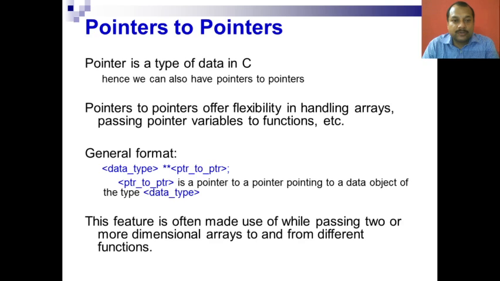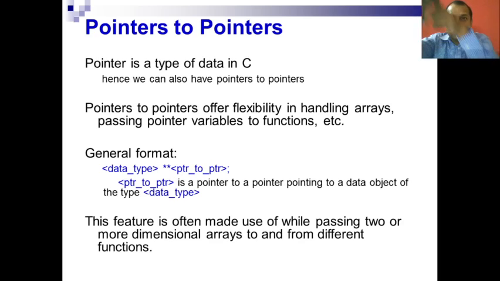So if I give double star, okay, if I write int star p, then I understand p will store the address of a memory location where an integer variable is stored. Now if I write int double star p, which means p will store the address of a memory location which will store the address of a memory location which will store the integer variable.